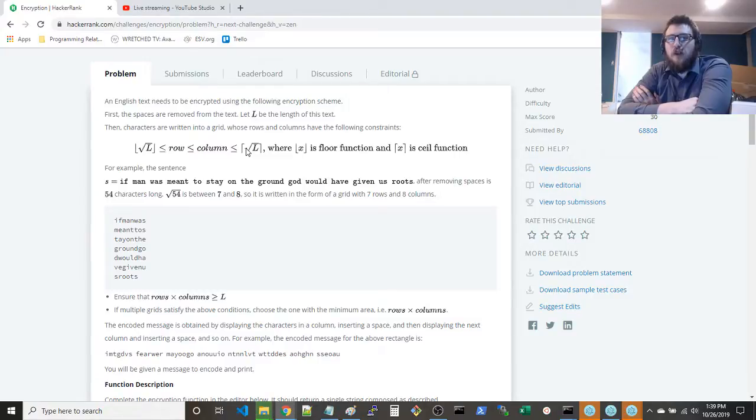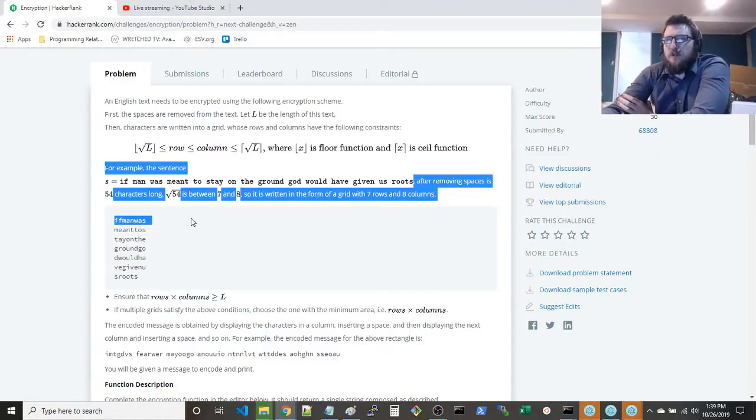It could be n by n, or n by n plus 1, or n plus 1 by n plus 1, if L is not a perfect square. Interesting.